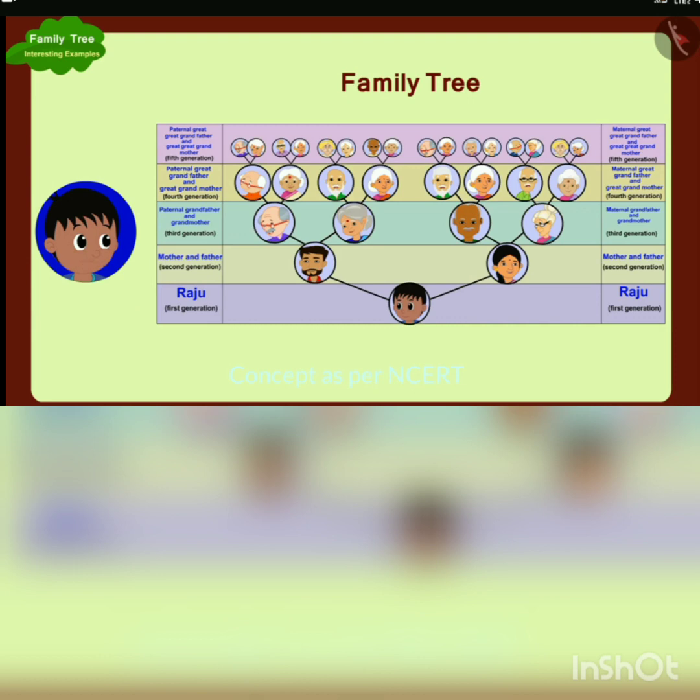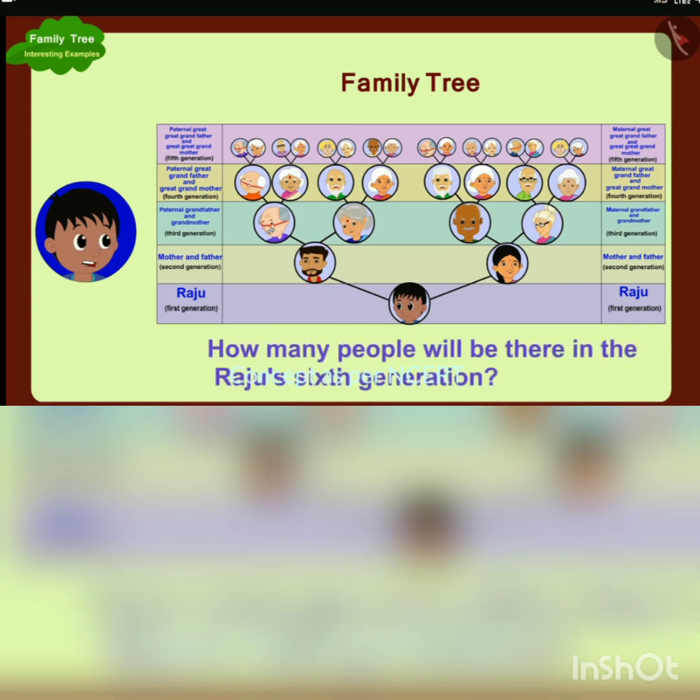If I make my 6th generation, how many people will be there in it? Children, can you tell how many people will be there in Raju's 6th generation? If you wish to, you may stop the video and find the answer.